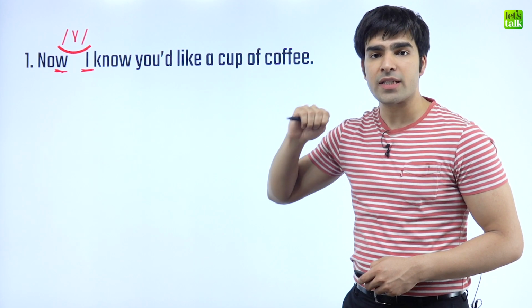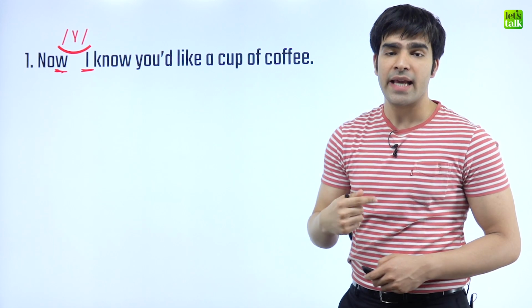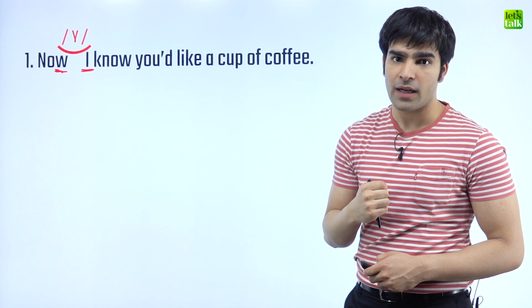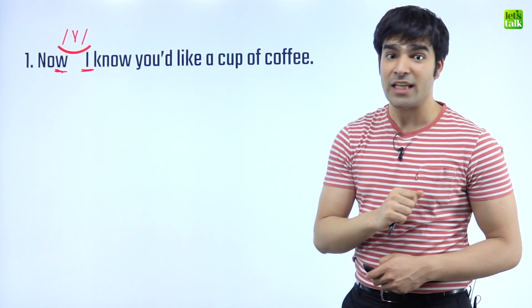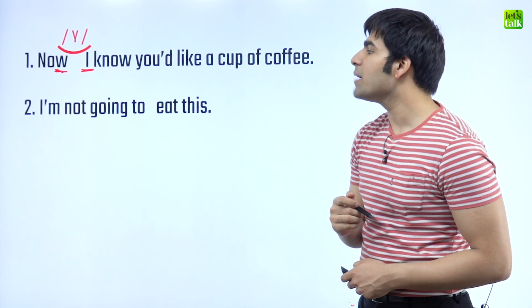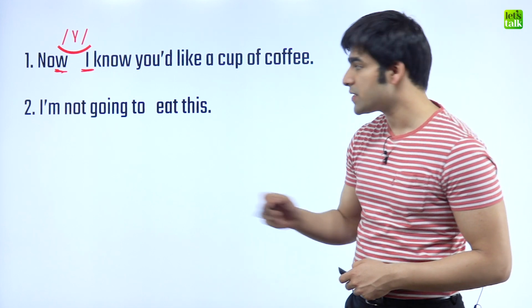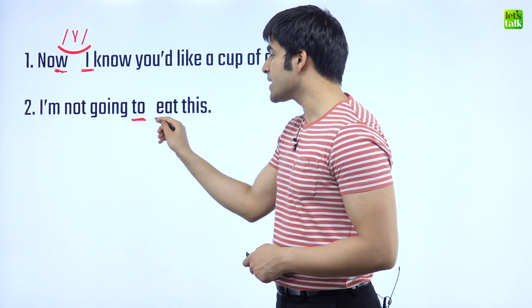These are certain pronunciation rules that help us speak as fluently as any other advanced speaker of the language. These are simple tricks and also magical mantras that we need to understand. The next sentence is, I'm not going to eat this. If you see, the oo sound is joined with the e sound.